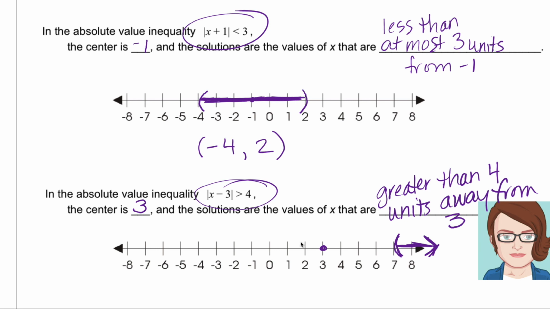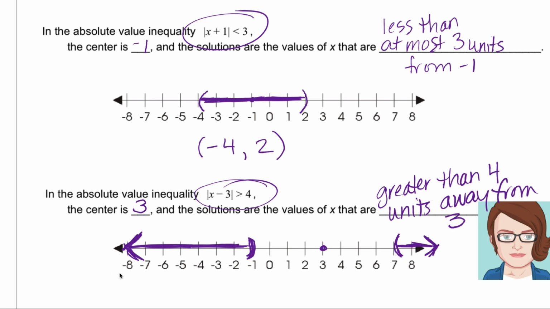If I go in the opposite direction, 4 units in the negative direction, 1, 2, 3, 4, again, -1 is exactly 4 units. We want to go more than 4 units. So all of these values are more than 4 units away from +3.